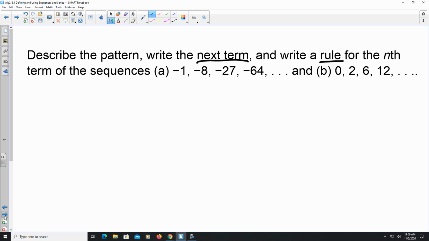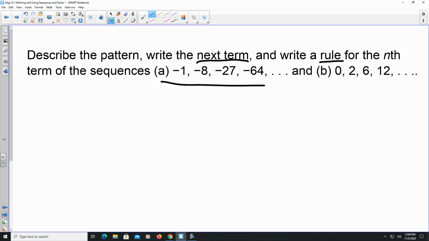So first off, looking at example A, we have numbers in the sequence of -1, -8, -27, and -64. What I like to do sometimes is to see if there is a common difference.